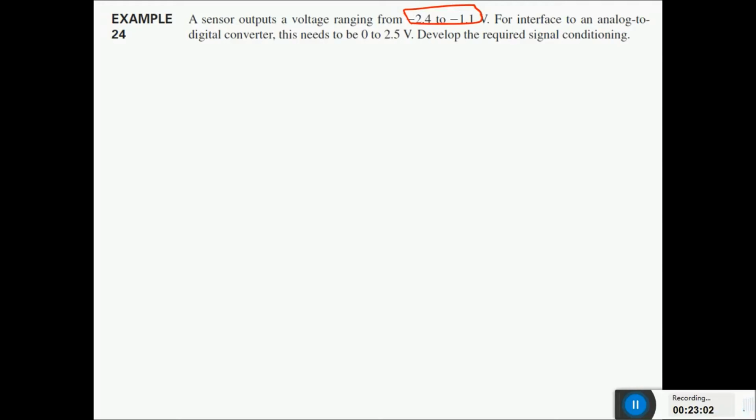But to interface it with an ADC, this voltage has to be converted to 0 to 2.5 volts. So what we have to do is develop a signal conditioning circuit for this particular application, to convert one range of voltage to another range of voltages.